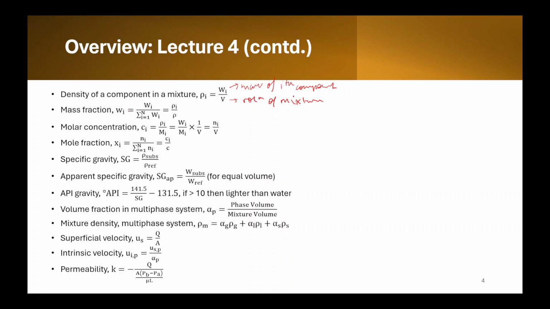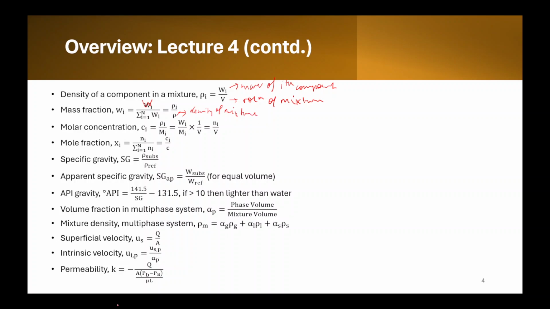Now mass fraction will be the mass of the ith component, W_i, upon the total mass, capital W, and it can also be expressed as the density of the ith component, rho_i, upon the density of the mixture.